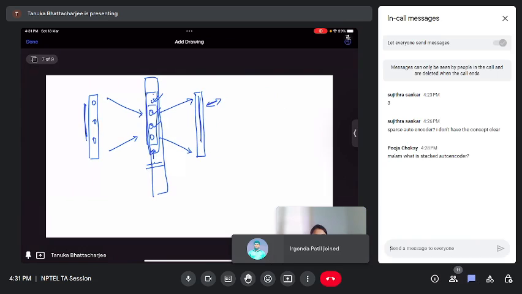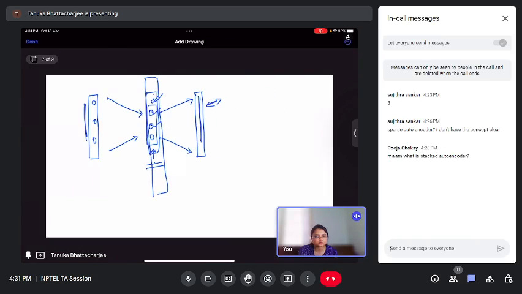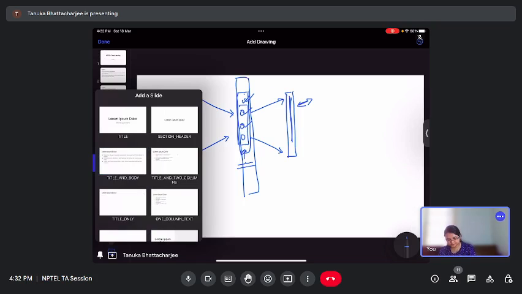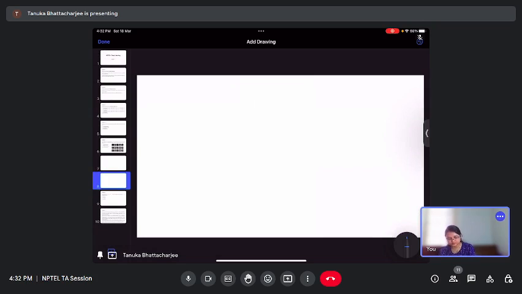And another question I got from Pooja is, what is stacked autoencoder? In case of stacked autoencoder, this is basically the layer by layer pre-training that we do. Let us say we have this input.